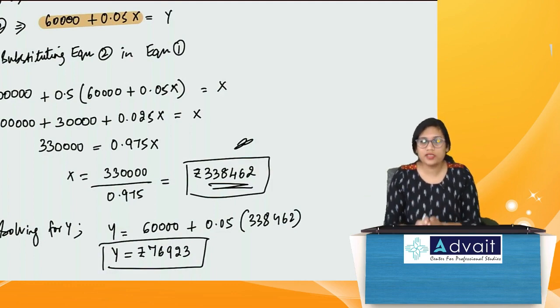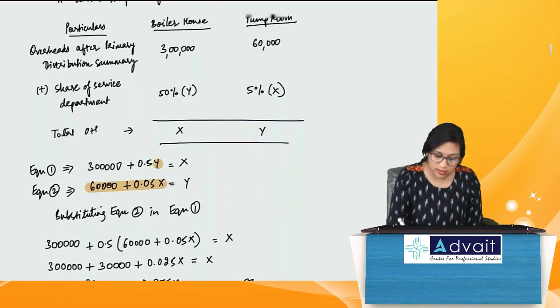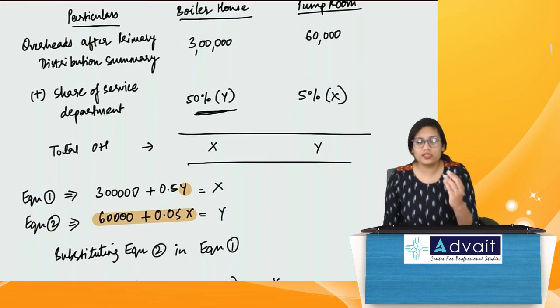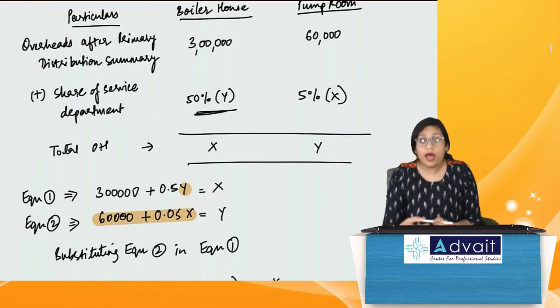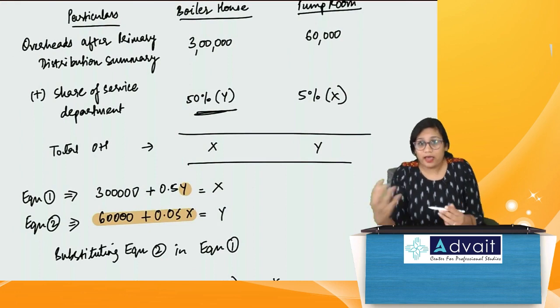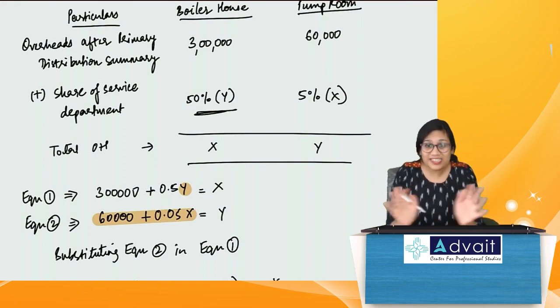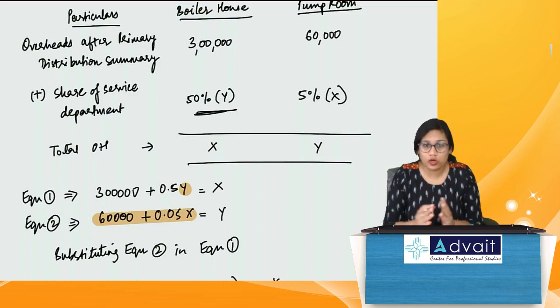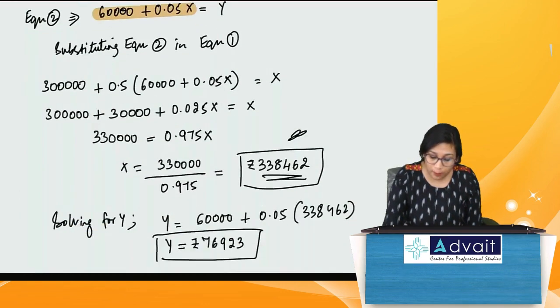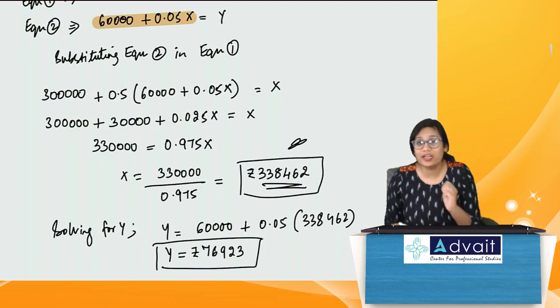Correct? That is why this was the total. That is why we took this 50% of Y, because this is how boiler house is going to be taking from pump room. Correct? Similarly for pump room, 60,000 is not what you are going to apportion. You will apportion this total 76,923.